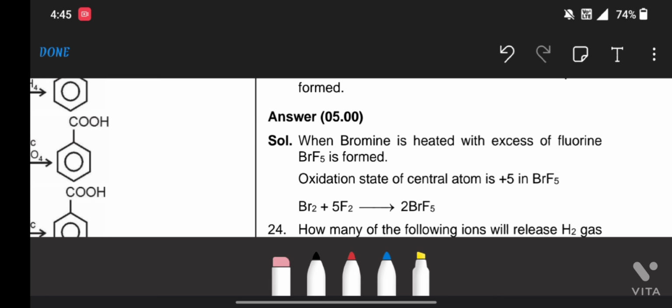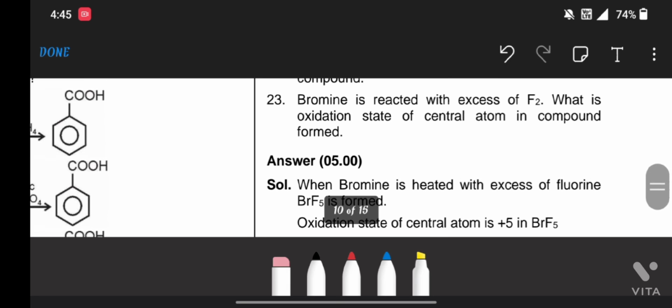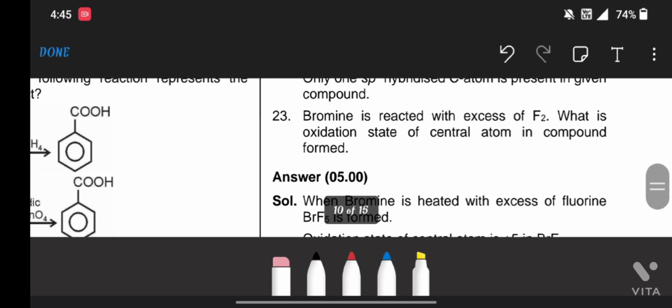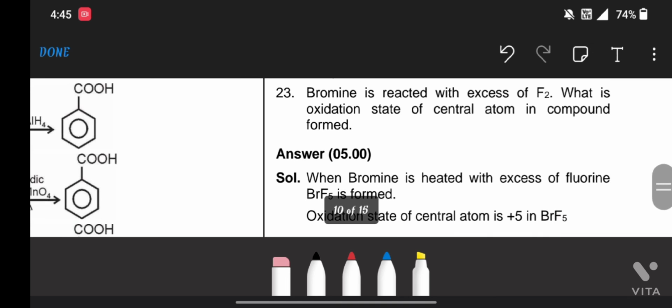In this, the transition metal ions reduce H plus ions from mineral acid to H2, and they themselves get oxidized.